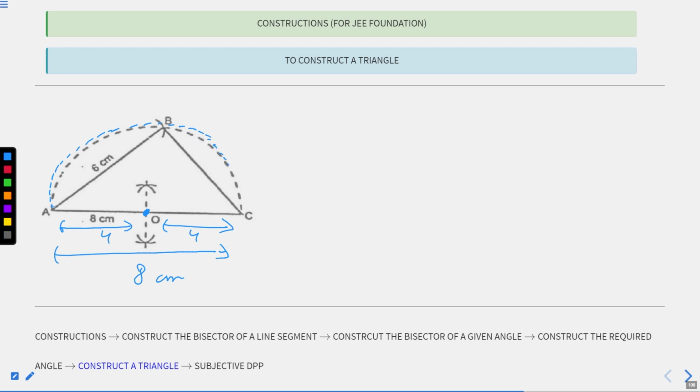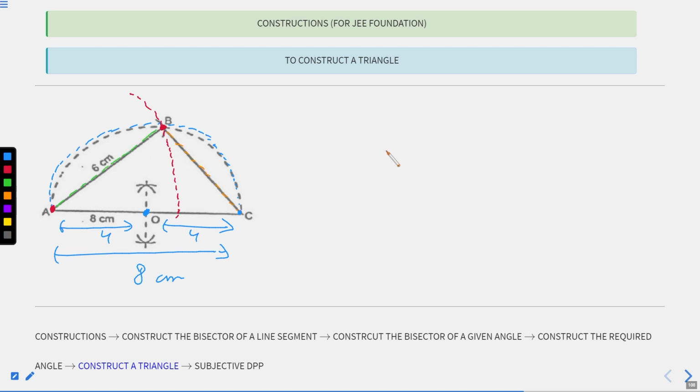That means the semicircle will meet at point C. Now making center at A and taking a radius of 6 centimeters, I'm going to make another arc, and this arc will intersect the semicircle somewhere here, and I'm going to name this point B. Now just join B and A, and B and C.